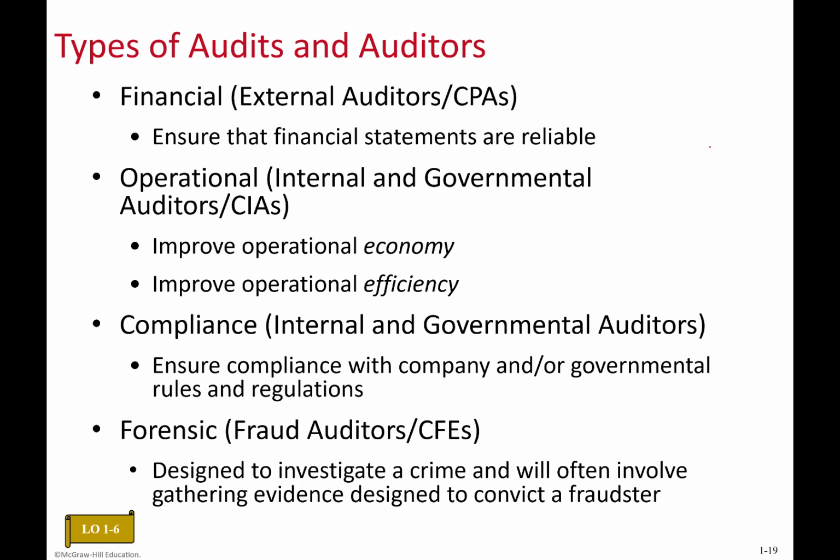Operational audit looks at economy, efficiency, and effectiveness. Some of those engagements I described to you, even though it was a financial statement audit, that HUD one was a good example of an operational audit. Are they being effective? Compliance, internal and governmental auditors: are we in compliance with the laws and regulations?